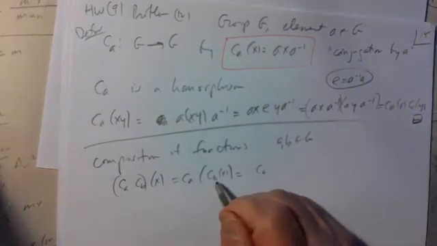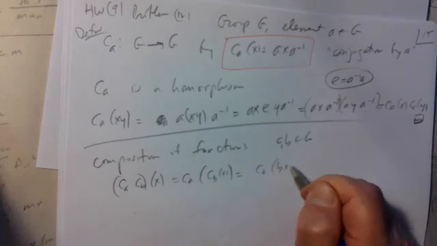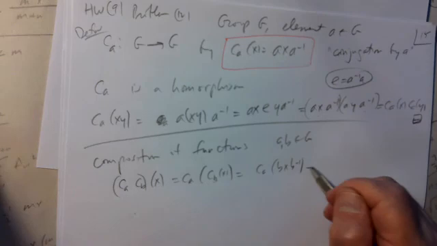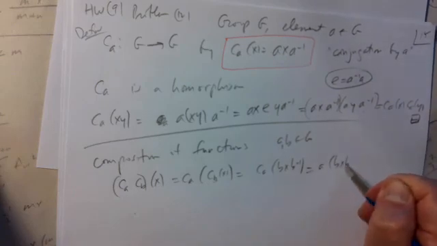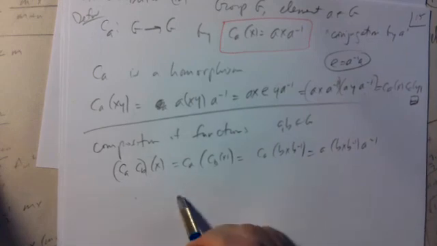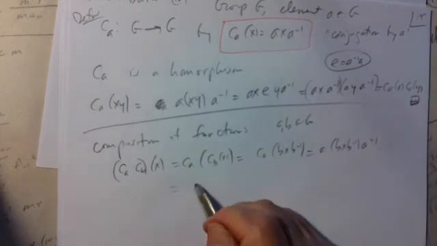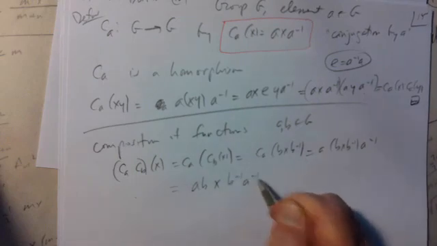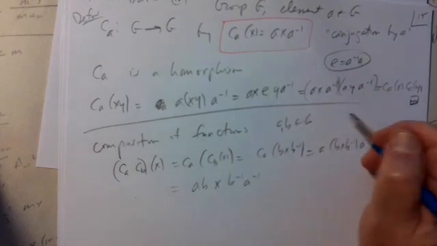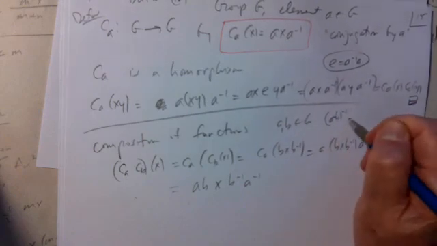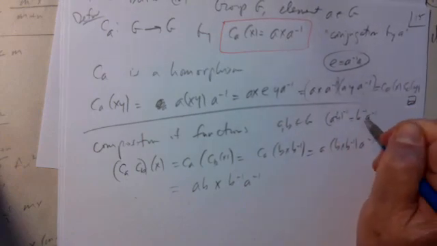This is C sub A, and what is this element? This is BXB inverse. And what is C sub A of that element? That's A BXB inverse A inverse, that's ABXB inverse A inverse. But of course, you know that the inverse of AB is B inverse A inverse.